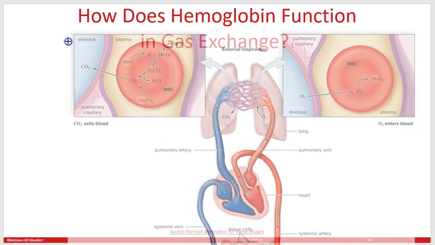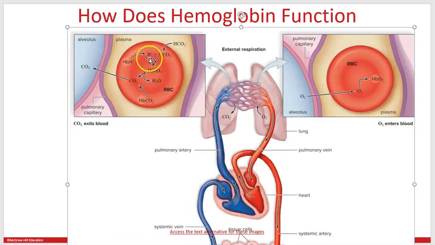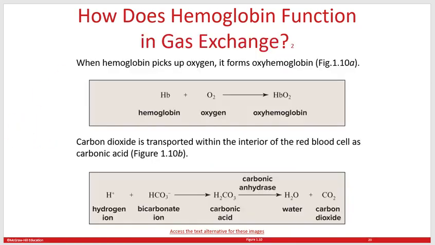So this is a carbonic acid form here that is carried by your red blood cell, and it can release carbon dioxide, form water, and carbon dioxide will then enter into your lungs so that you can exhale it.